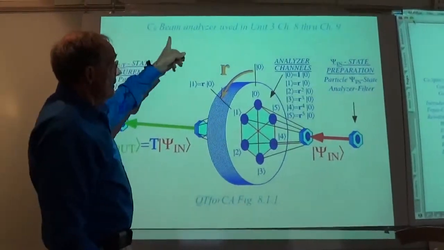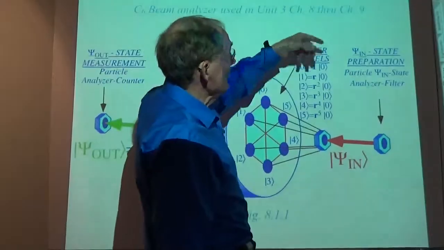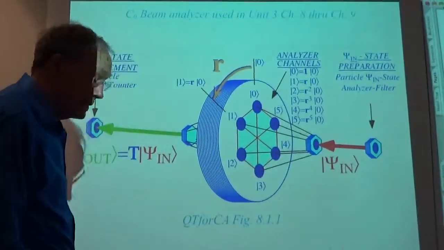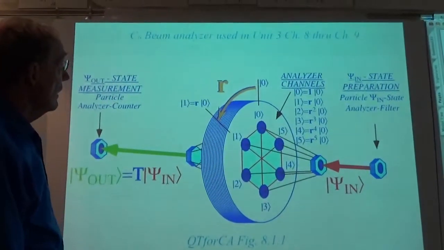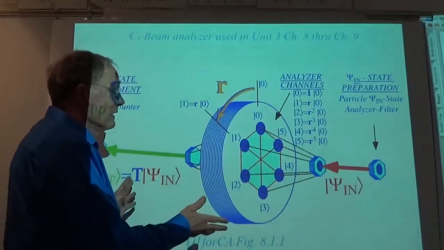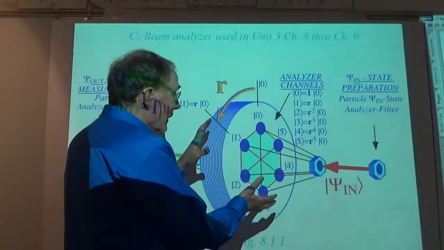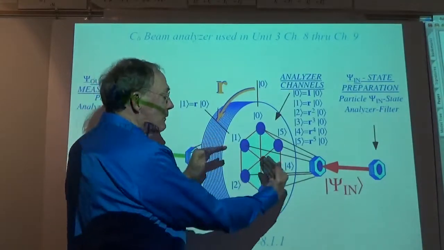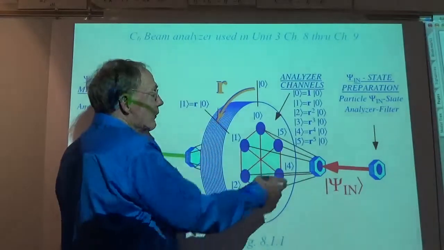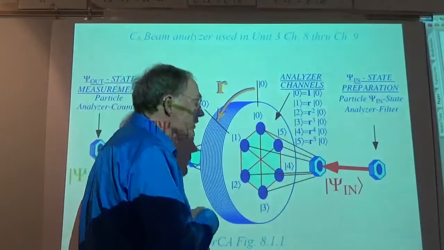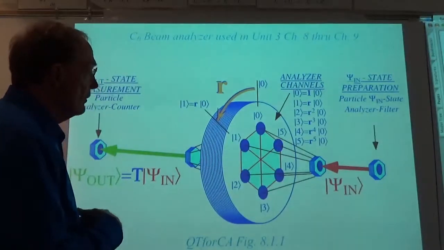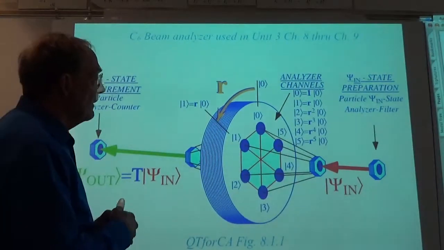Now, in Unit 3, Chapter 8 through Chapter 9 of Quantum Theory for the Computer Age, you will find that I introduce quantum mechanics dynamics using not a polarized X and Y, but a thing that can polarize into 6 states, a U6 analyzer. Okay, so you might be aware of that.